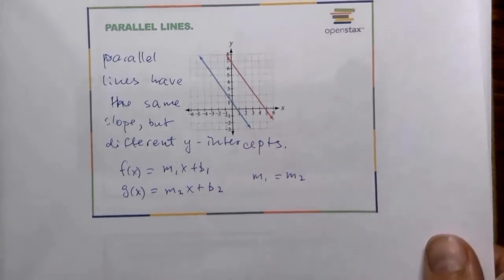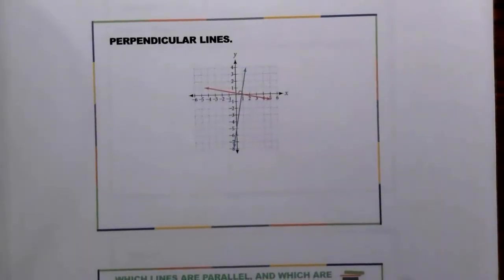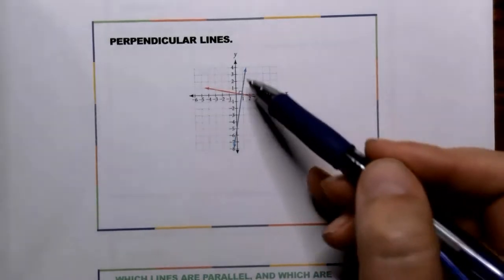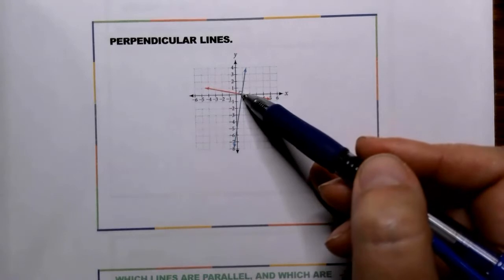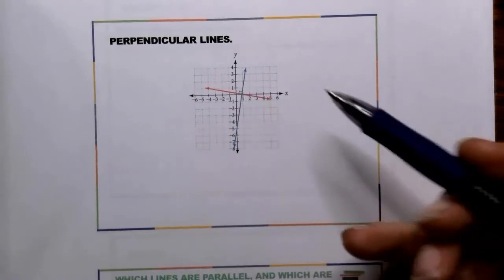Now, what about perpendicular lines? Here's a picture, perpendicular lines are lines that cross at the 90-degree angle. And again, how do we know?